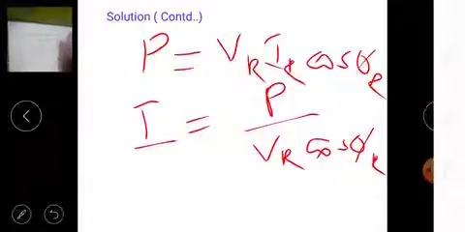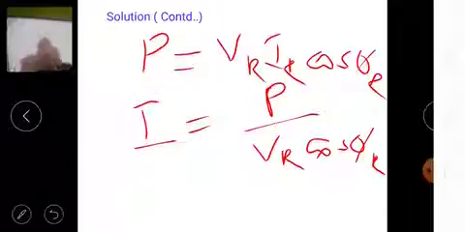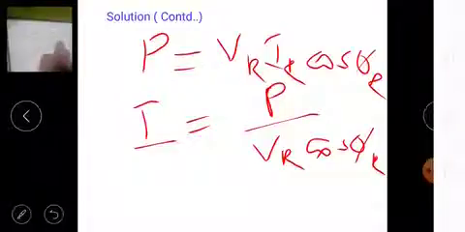Cos phi r is 0.8, plus I into 150 into 10 power of 5 by VR into sin phi r, is 0.6. So here VR plus 150 into 10 power of 5 into 0.8 divided by VR, plus 150 into 10 power of 5 into 0.6 by VR.